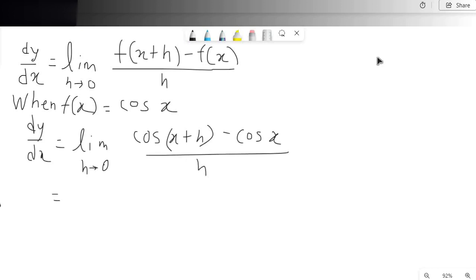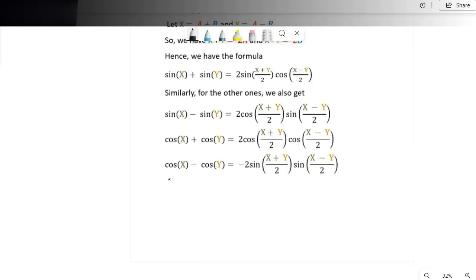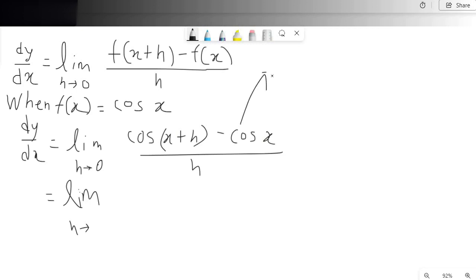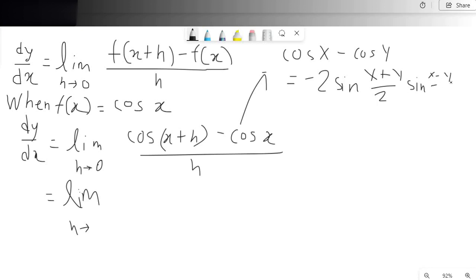Now if you remember the fourth formula, the factor formula of the trigonometric expressions, where we had cos x minus cos y is equal to minus 2 sin((x + y)/2) multiplied with sin((x − y)/2). So just for reference, we have cos x minus cos y is equal to minus 2 sin((x + y)/2) multiplied with sin((x − y)/2).